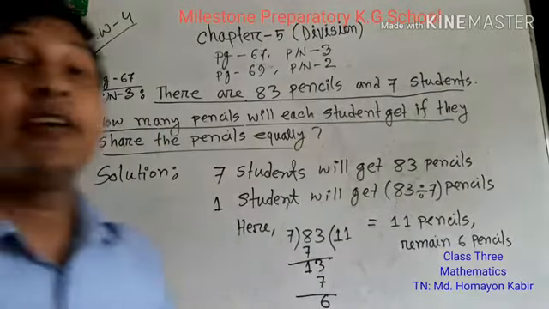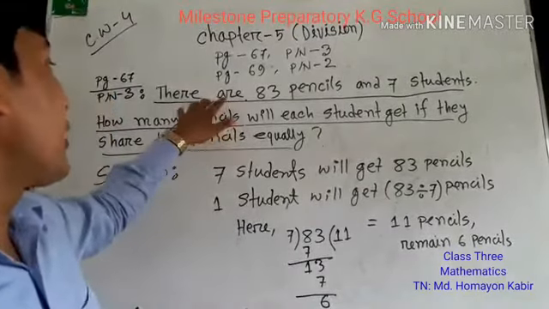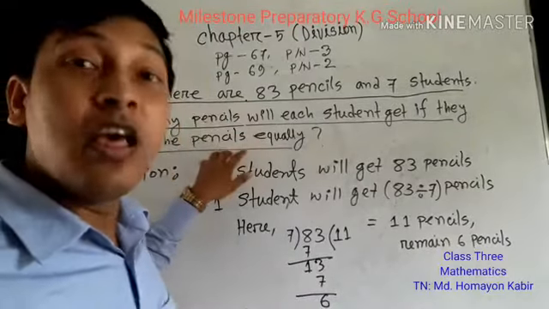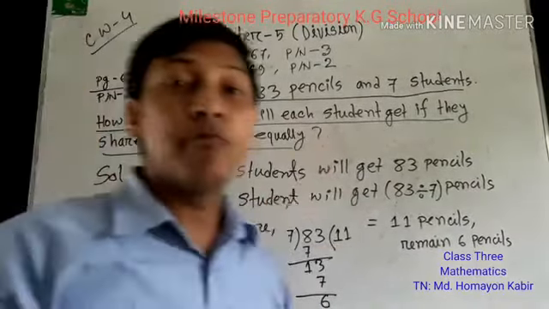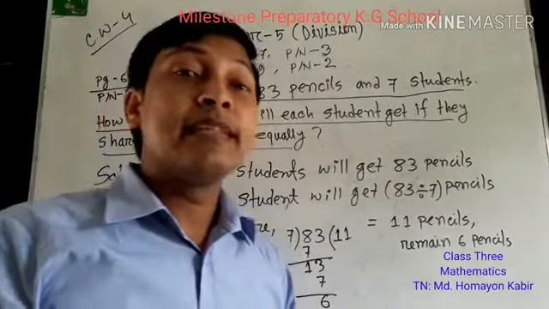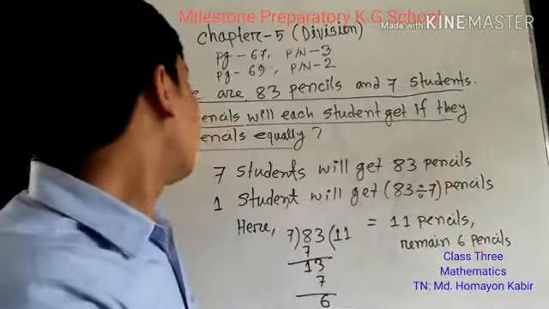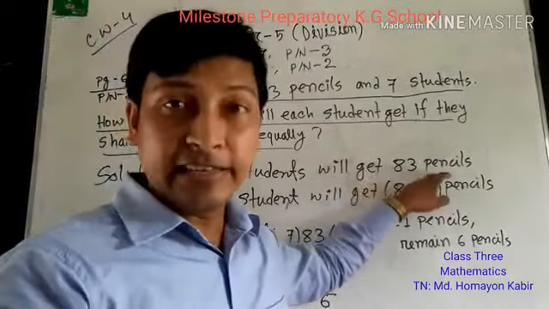Pencils. Again I repeat, look here students, here are 2 parts. Okay, so the first one is the information part and the second one is the asking part. So students, when we solve the word problem, the asking part will be kept on the right side. Okay, so 7 students will get 83 pencils.